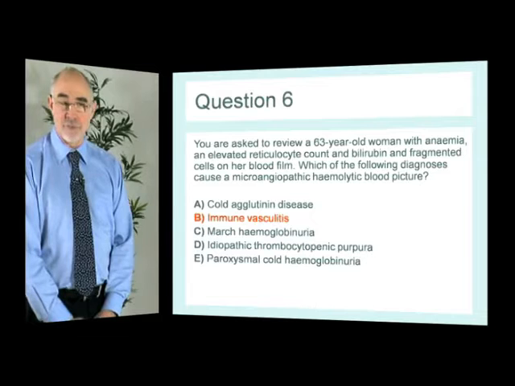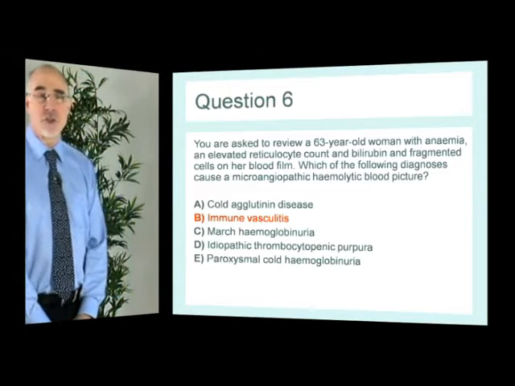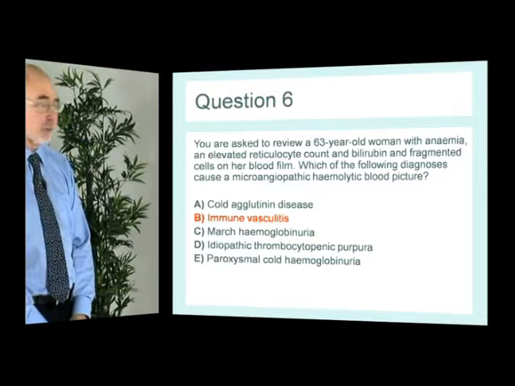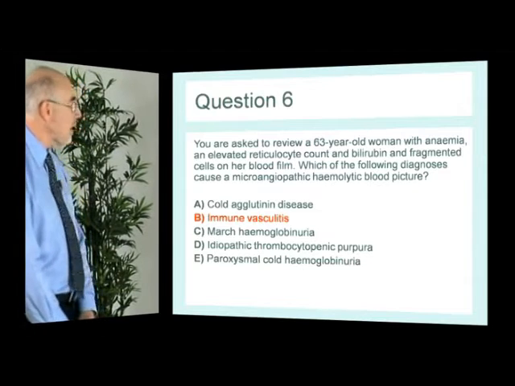March hemoglobinuria is an unusual condition associated with destruction of red cells in the soles of the feet. It is a little uncertain whether it is a defect within the red cell envelope of these patients or whether it's the way in which they walk.